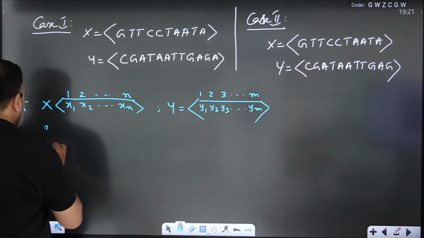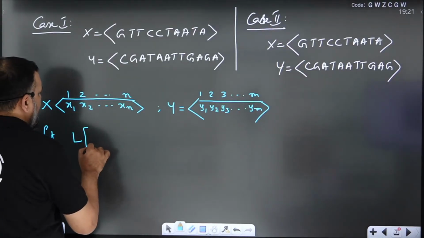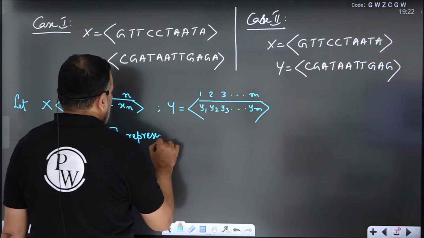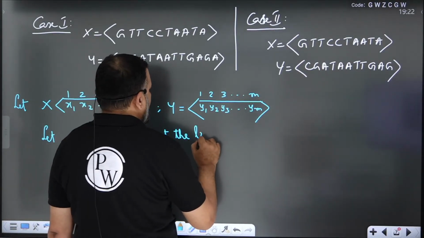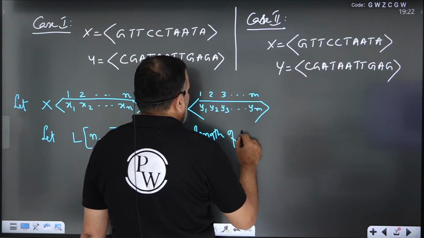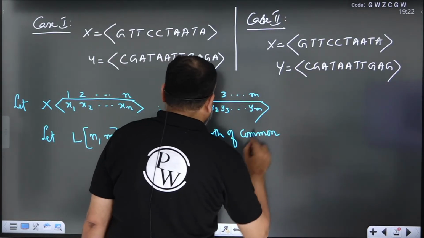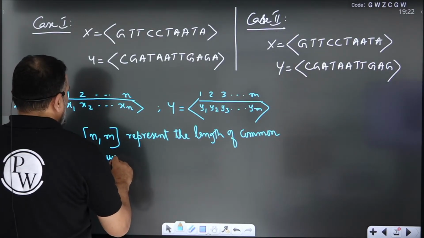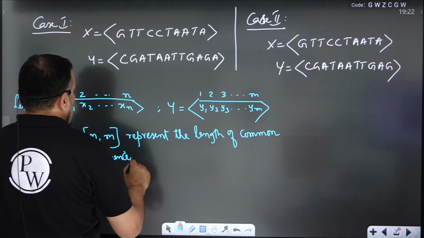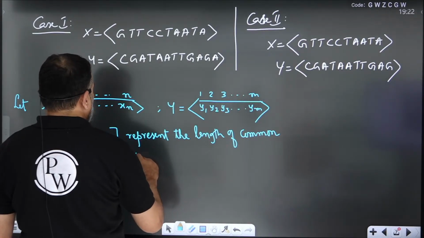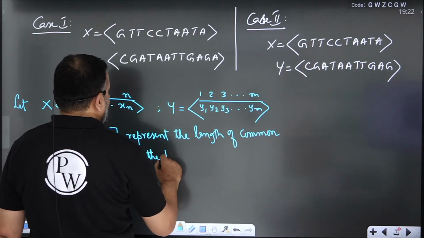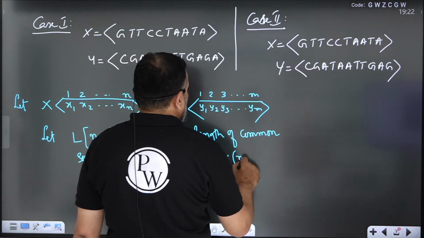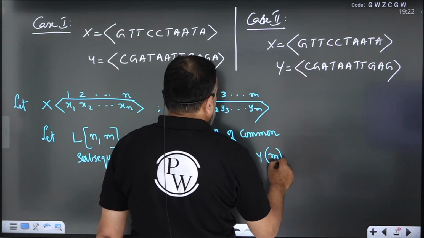Here we will say, let L of n comma m represent the length of the common subsequence of the two strings, x having n characters and y having m characters.